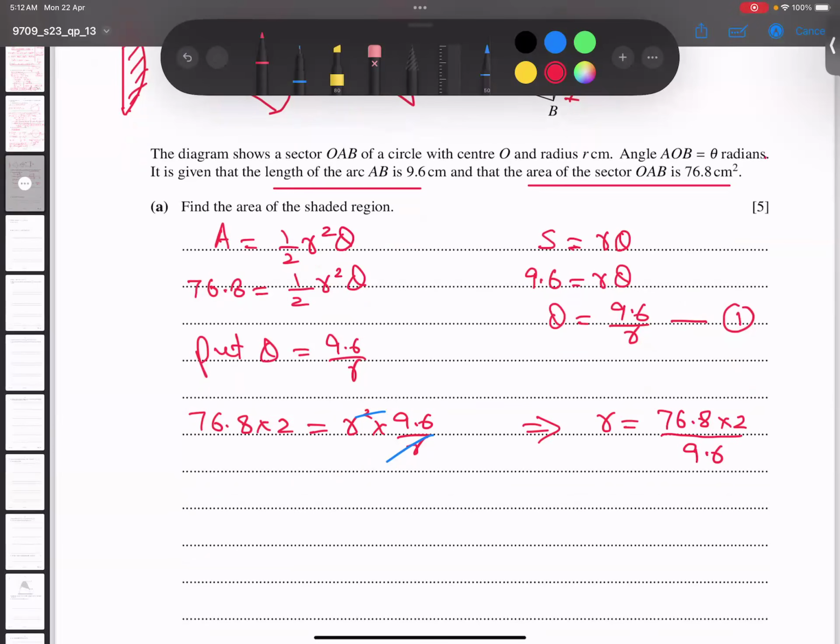When we divide it, we get 16. So the radius becomes 16. And this radius I plug in there, into equation 1. So I get theta equals 9.6 over 16.